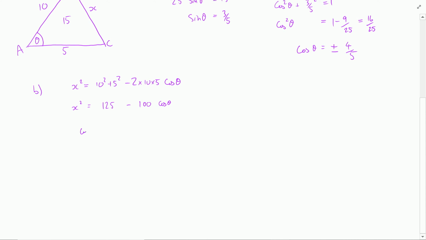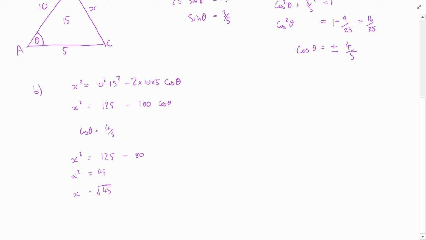Now in the case where cosine of theta is equal to 4/5, this would become x squared is equal to 125 minus 80, which is 45. So x squared is 45, so x in this case would be the square root of 45.